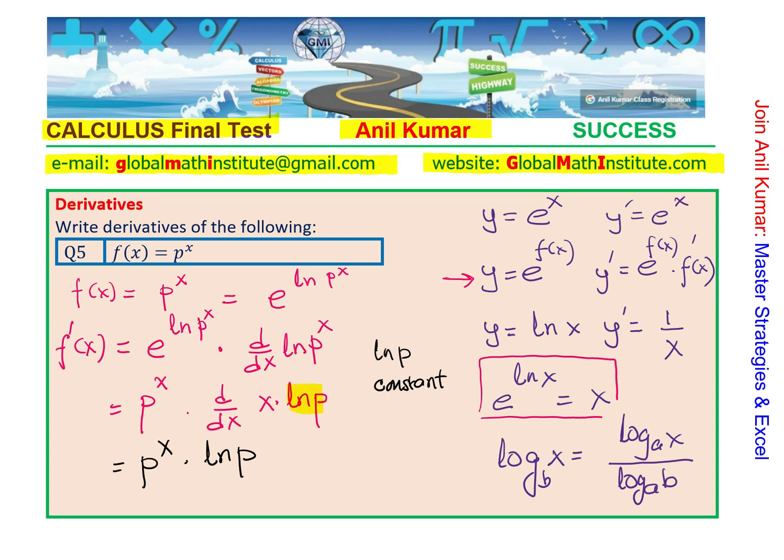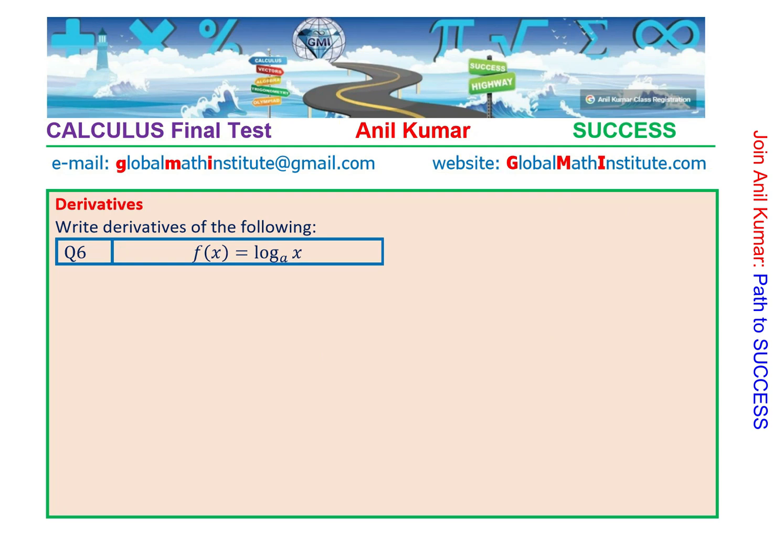Great. Now let's move on to the second question, which is similar, but we're given the function f of x equal to log to the base a of x. Now we can rewrite this function and change the base, correct? That should help.